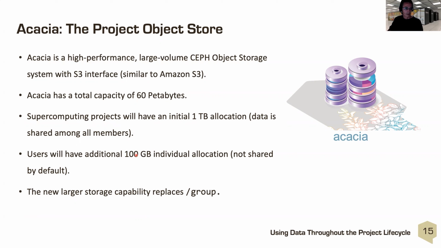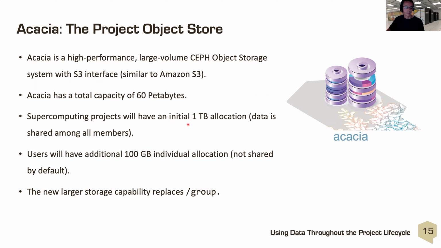There is also an individual allocation for each user where data is not shared with anyone else. So basically, what I mean about sharing is that every other member of your project can read and write into the buckets.